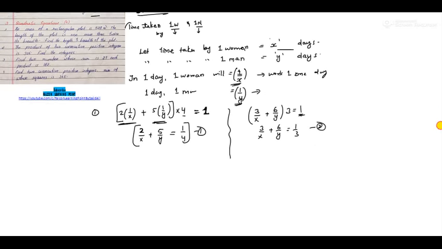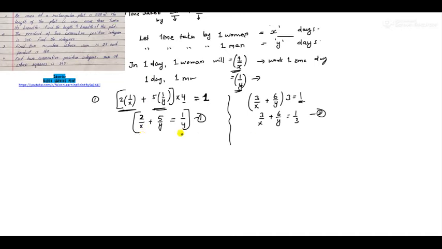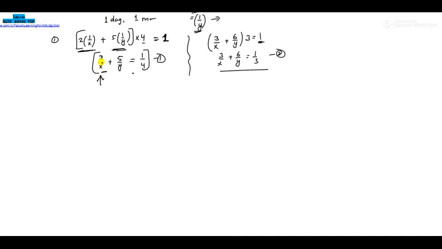Now on solving this, if you look here, this is 2 into 1 by x, correct? And here it is 3 into 1 by x. So if we multiply the first by 3 and the second by 2, we will get the first coefficient the same, then we can easily eliminate, right? So this becomes 6 by x plus 5 into 3 is 15 by y, equal to 3 by 4.